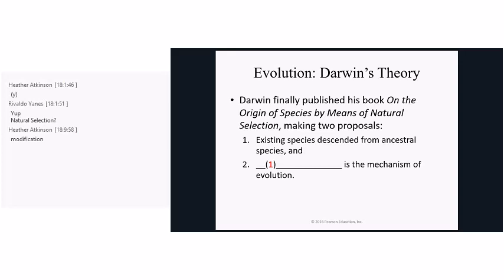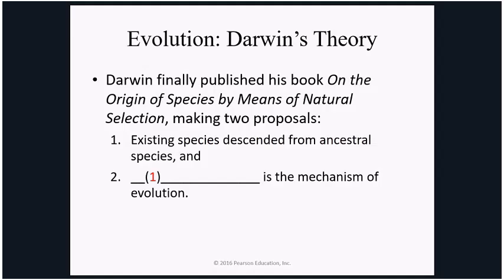Natural selection is just that certain animals will have traits that are better suited for survival, and so they're more likely to pass on their genes and create more organisms that also have that trait that makes it more likely for them to survive in their environment. So you're right, it's natural selection.